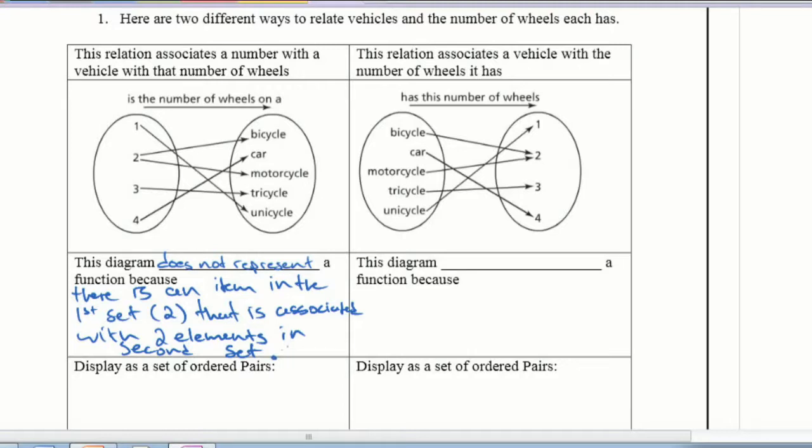So 2 corresponded to both a bicycle and a motorcycle.